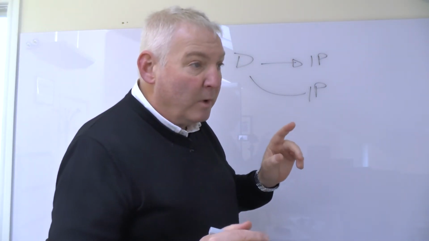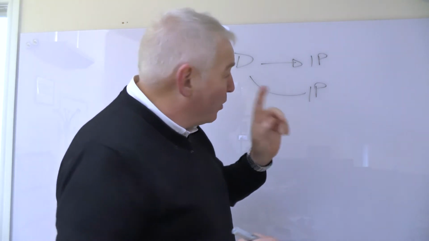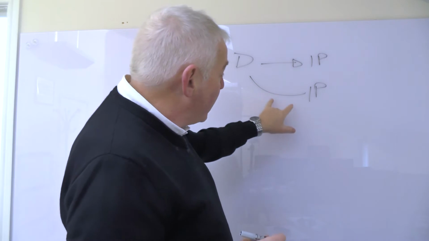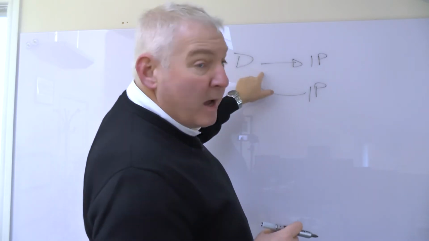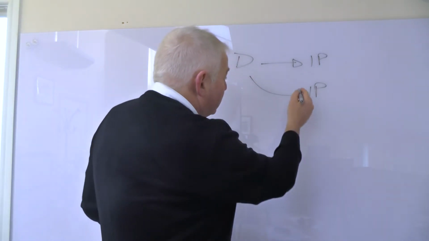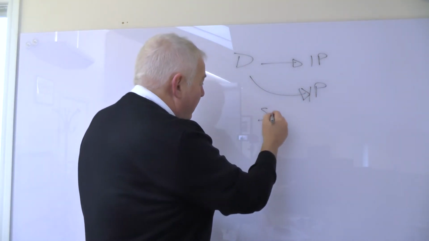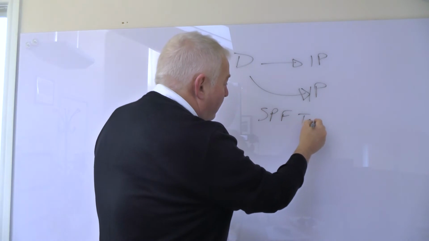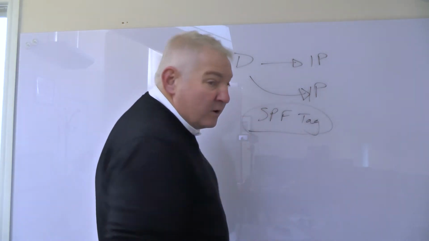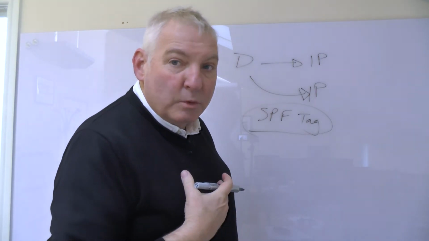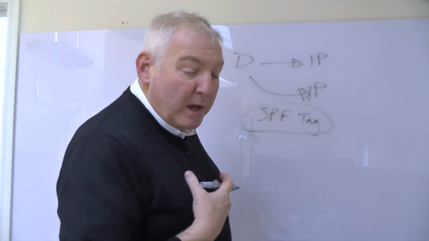So first things first, what we've got to do is set up the understanding of the internet that it's okay for that domain to be sending from that IP address, and we do that by setting up an SPF tag. That's the first action. Again, come to us, we'll help you explain this.